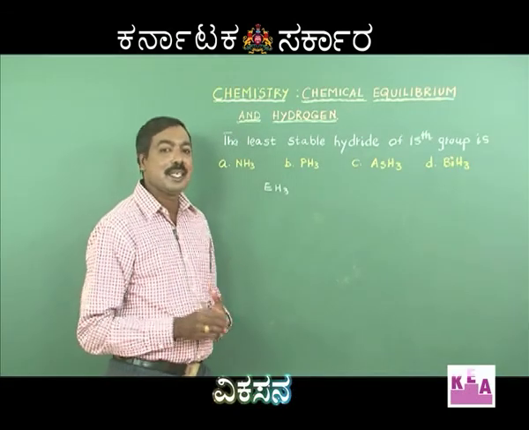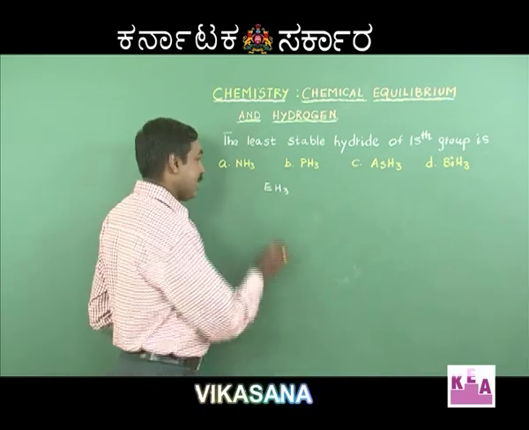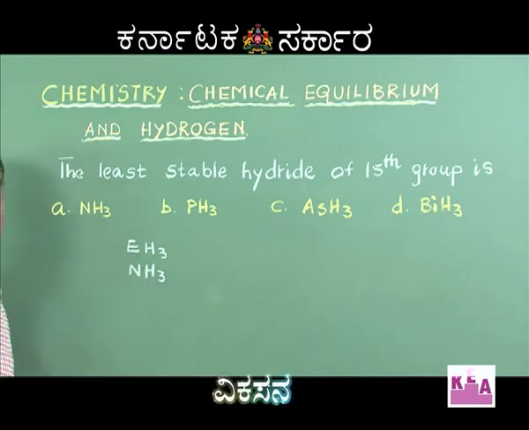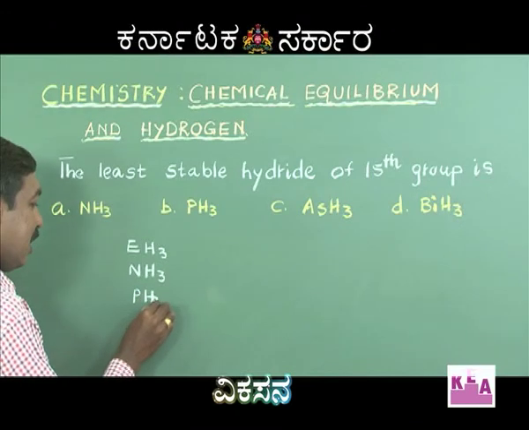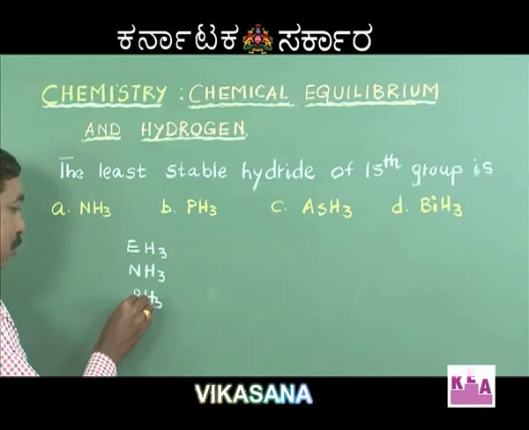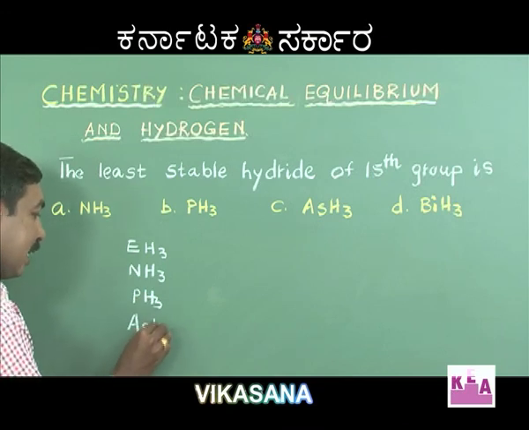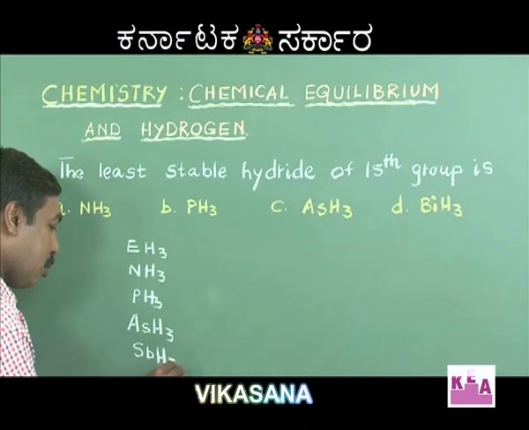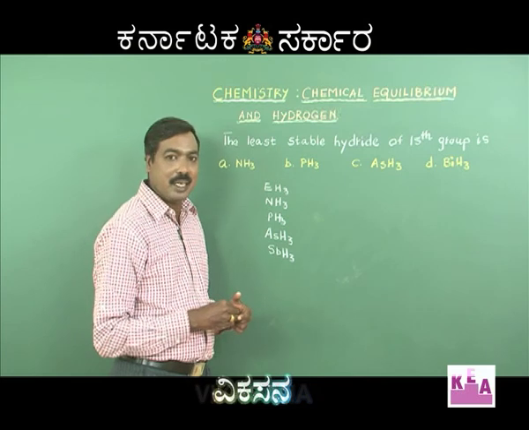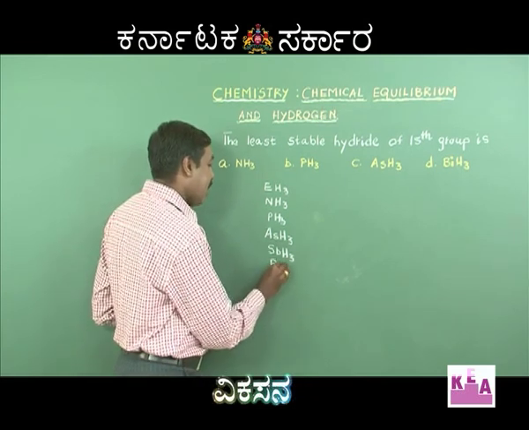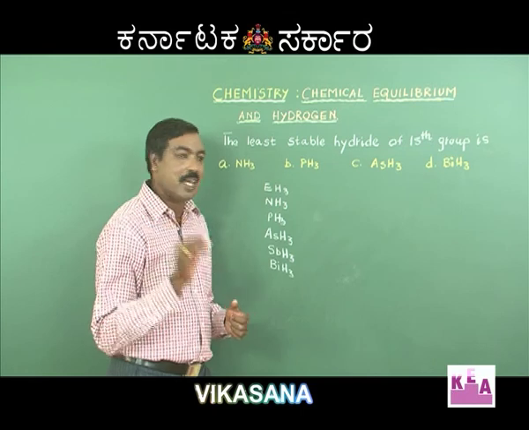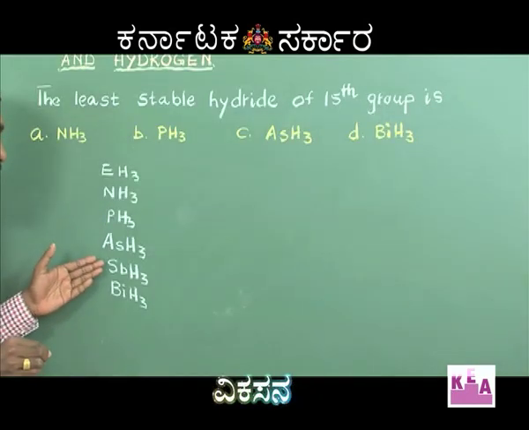Now if I happen to write the hydrides of group 15, I write it like this: nitrogen, the first element of group 15, hydride of nitrogen, ammonia; phosphorus, phosphine, PH3; arsenic, hydride of arsenic, AsH3; antimony, hydride of antimony is SbH3, stibine; and finally I have BiH3, which is bismuthine.